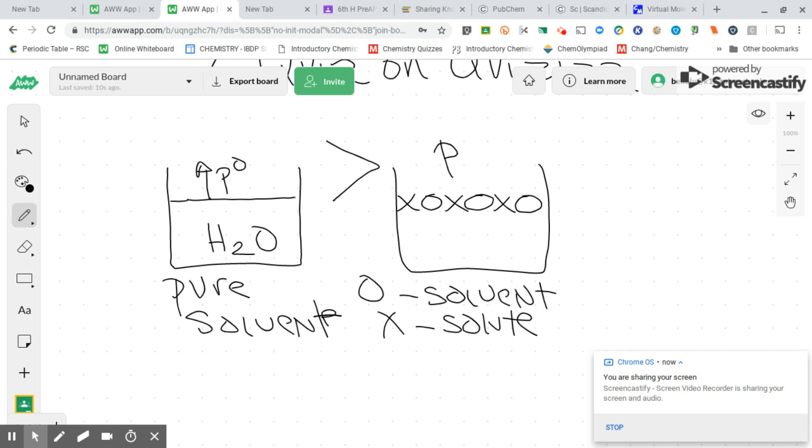If you try to freeze this solution, the solute will interfere with the molecules of water getting together. Because in order to freeze, two molecules of water have to be attached close to each other, right? More tight. But the solute is like a barrier in between that doesn't let the water come close. So this one here doesn't let the two molecules of water come together and become a solid.